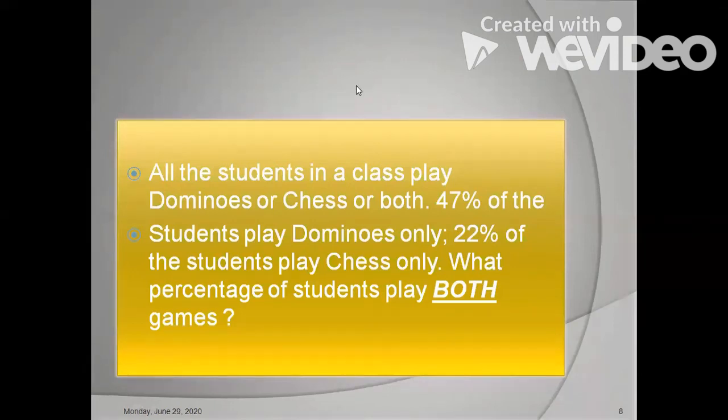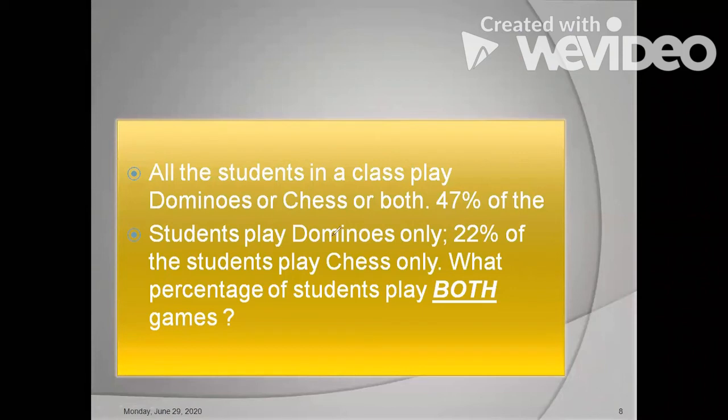Now you notice that the question didn't say 47% of the students play dominoes. It says 47% of the students play dominoes only. Likewise, chess only. Meaning that for the 47% and the 22%, there's no mix between who play dominoes and chess.